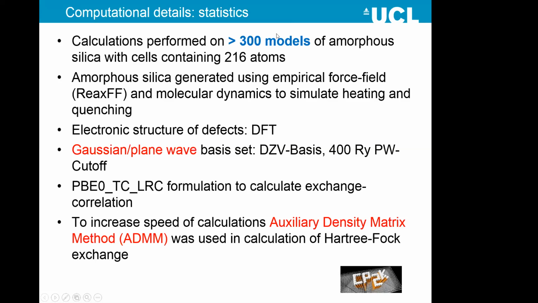And because these are amorphous systems and so they're disordered, we need to have some statistics of what's going on, because the models which we are using are not as big as Dave was talking about. So we are talking about several hundred atoms, usually below 400-atom periodic cells. So what we are getting is a periodic amorphous system, but we have many models of these, say several hundred usually.